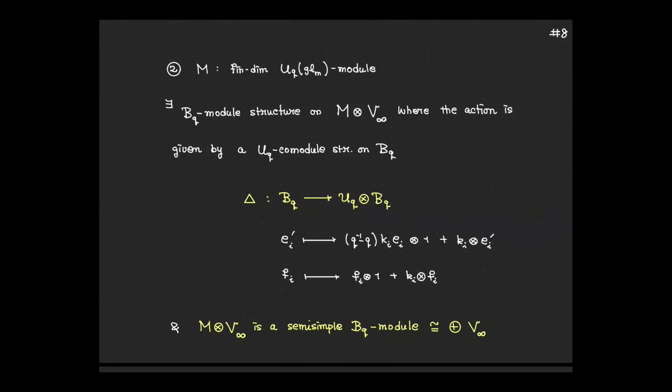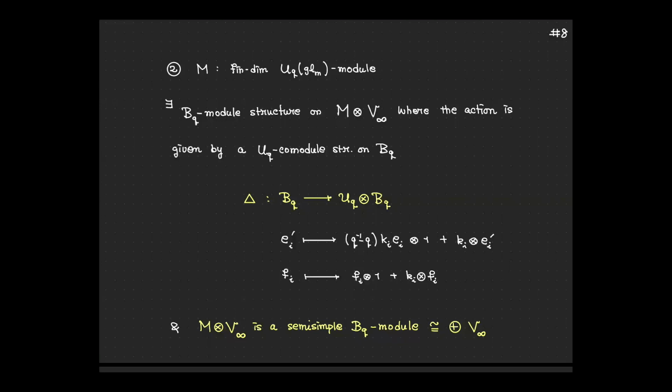So it is not a module over the same algebra, but the quantum group Uq has the boson algebra Bq has a left co-module structure, so that we can think of the tensor product of a finite dimensional representation and V infinity as a module of the boson algebra.